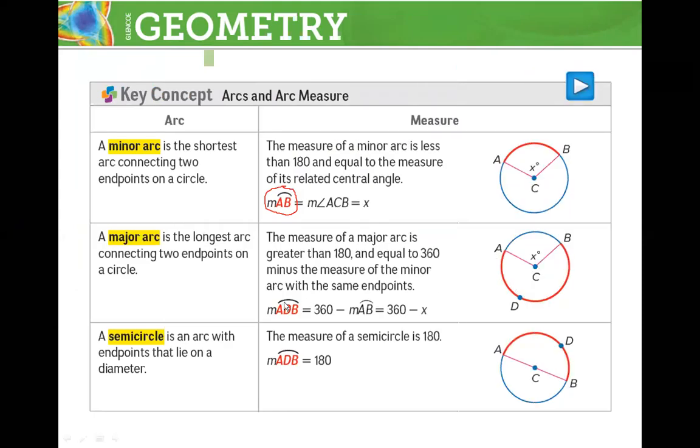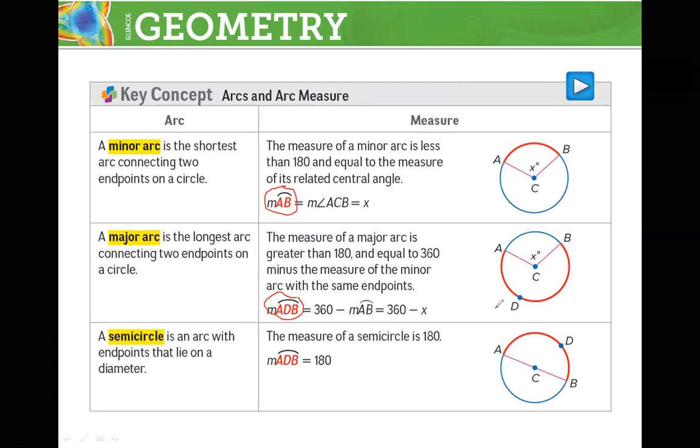So the major arc here is called m, it means the measure of ADB, and this is the sign of the arc. It's like a curve, as you see. Okay. It equals 360 minus the minor arc.